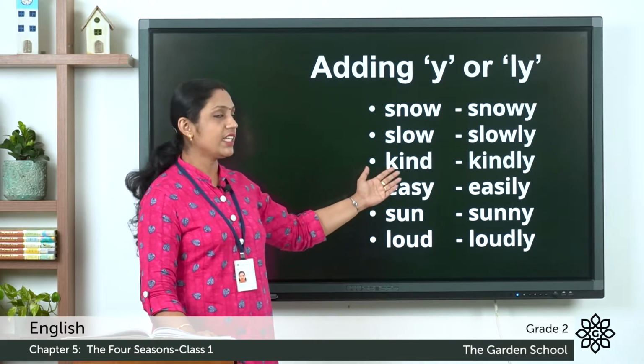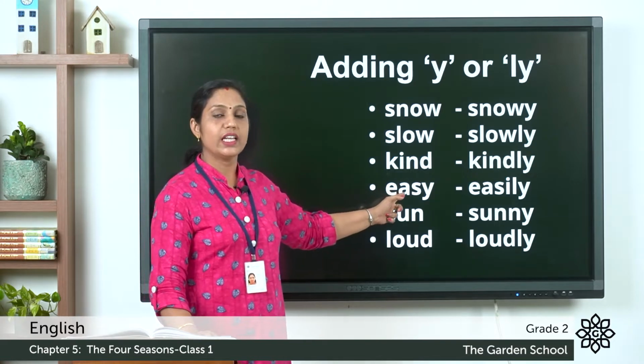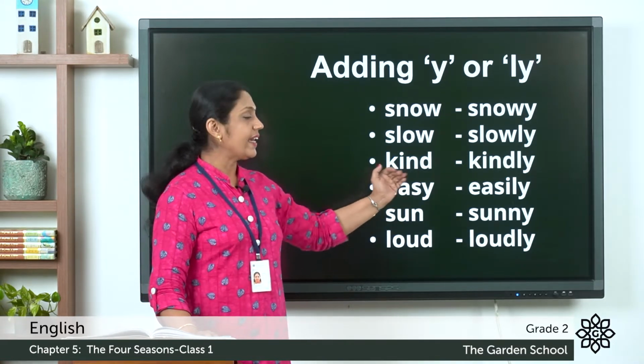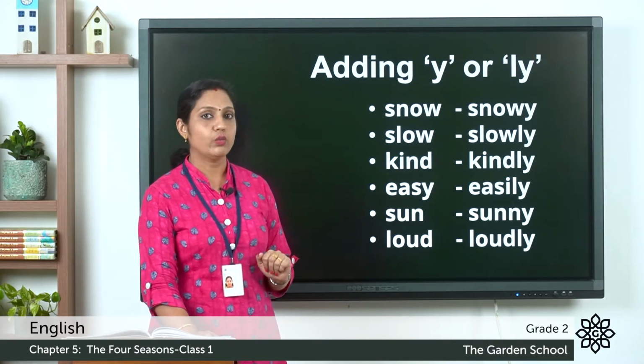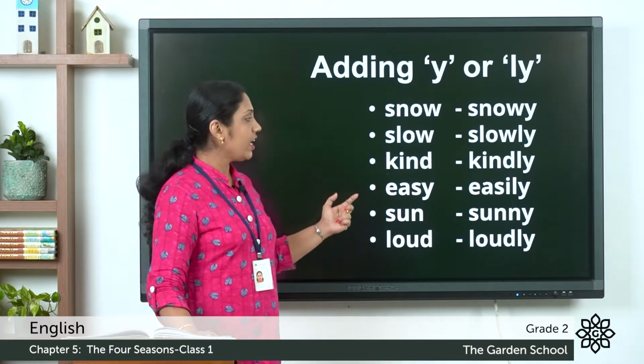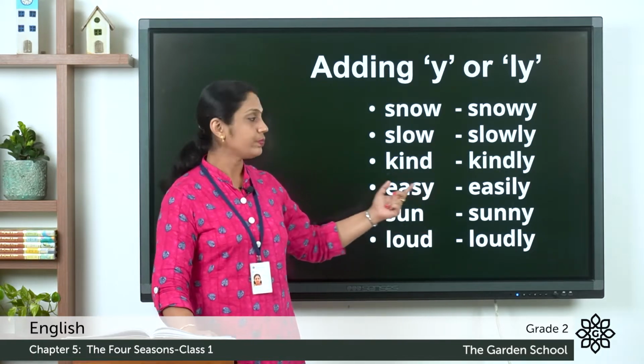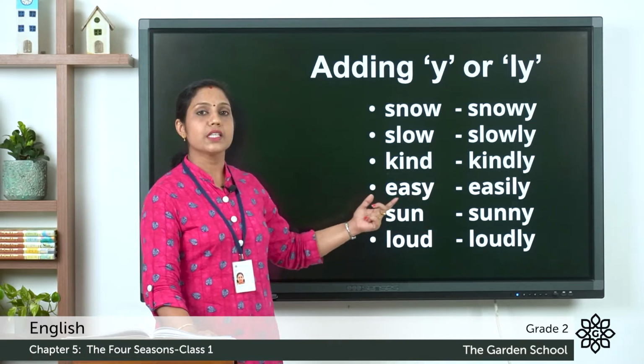Easy. Easy becomes easily. So you can see here in the word easy, it ends with the letter Y. But when we add LY, we take off that Y and instead of Y, we add I. So the word becomes E-A-S-I-L-Y and we read it as easily. Sun becomes sunny.